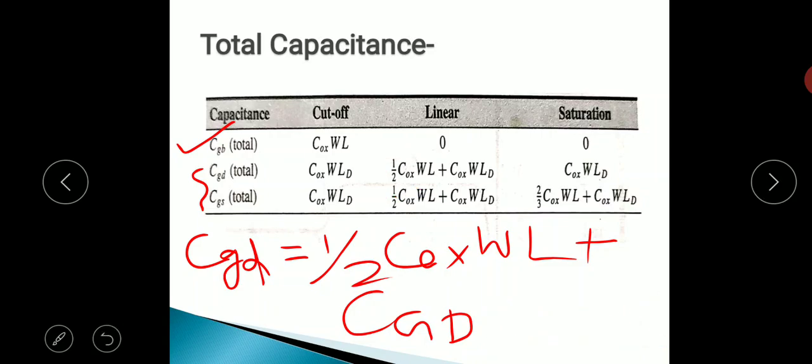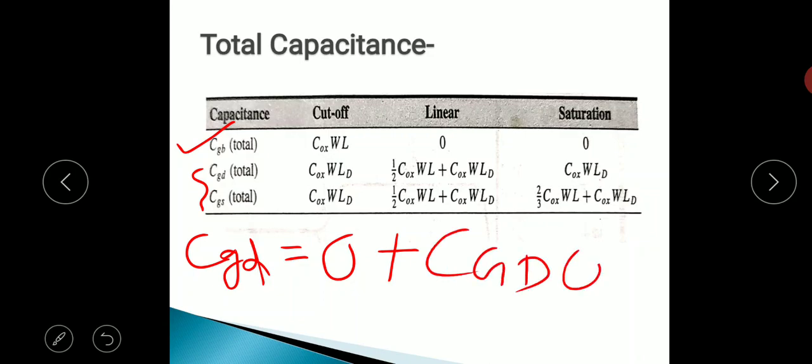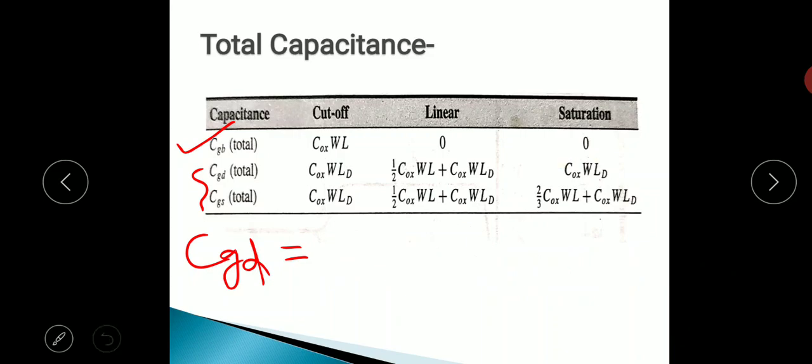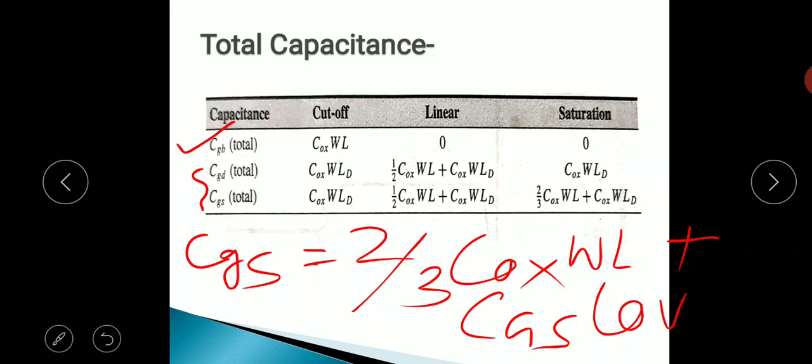Next is the saturation region. In saturation region CGD equal to 0 plus CGD overlap. Here is the value for CGS equal to 2 by 3 Cox WL plus CGS overlap. So here is the value.